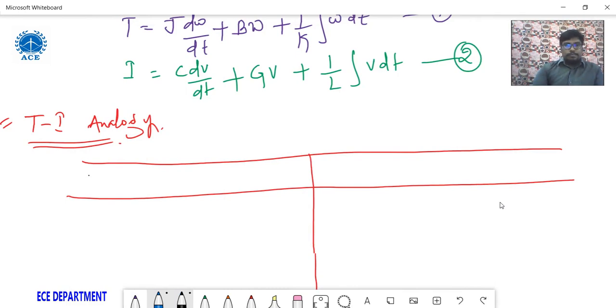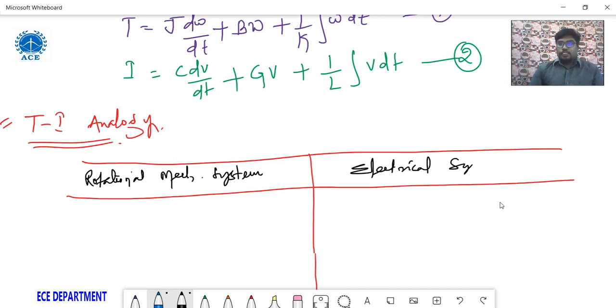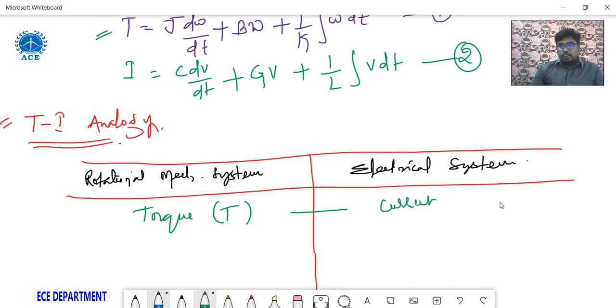Right here, rotational mechanical system, and this one is electrical systems. Okay, so let us see the conversion. Torque in mechanical system becomes what here? Current I in electrical system, right?